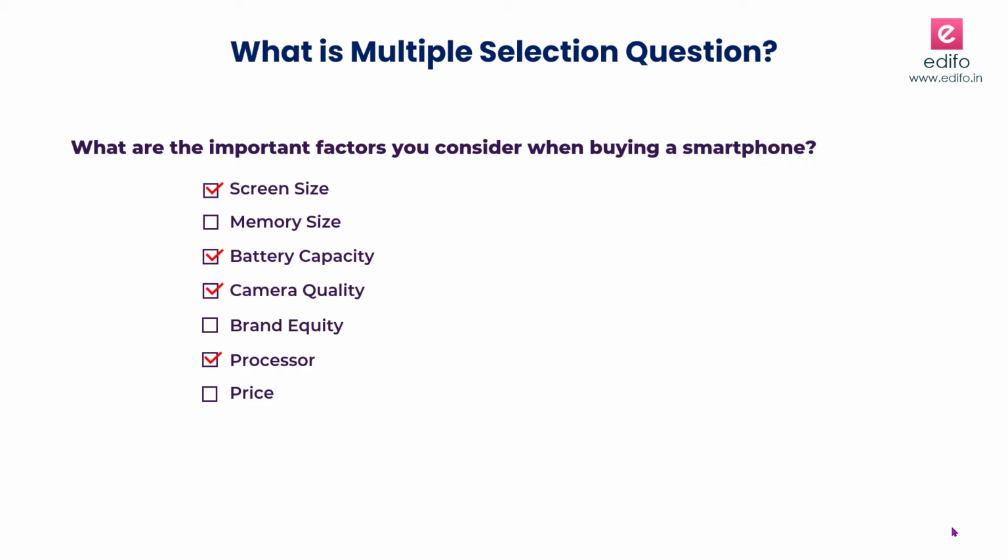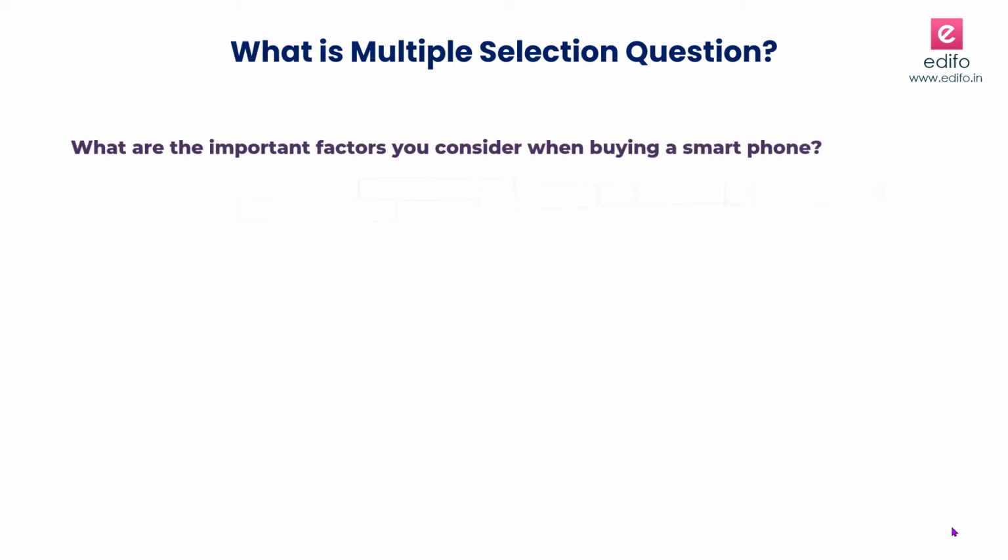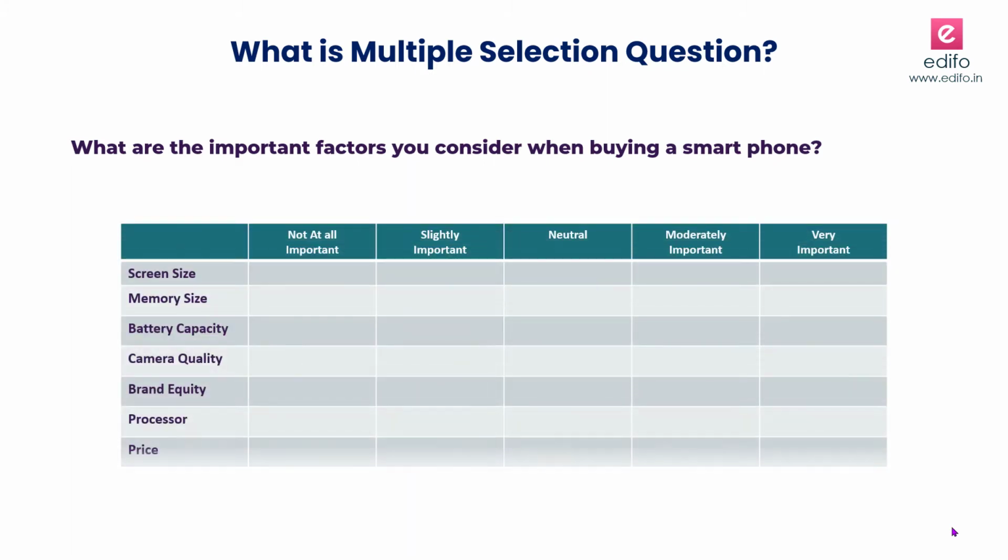One important thing you need to consider is that this type of questions, not all, we can convert into Likert scale questions. How it is possible? Look at here. What are the important factors you consider when buying a smartphone? The same options we are using in Likert scale: screen size, memory size, battery capacity, camera quality, brand equity, processor, price.